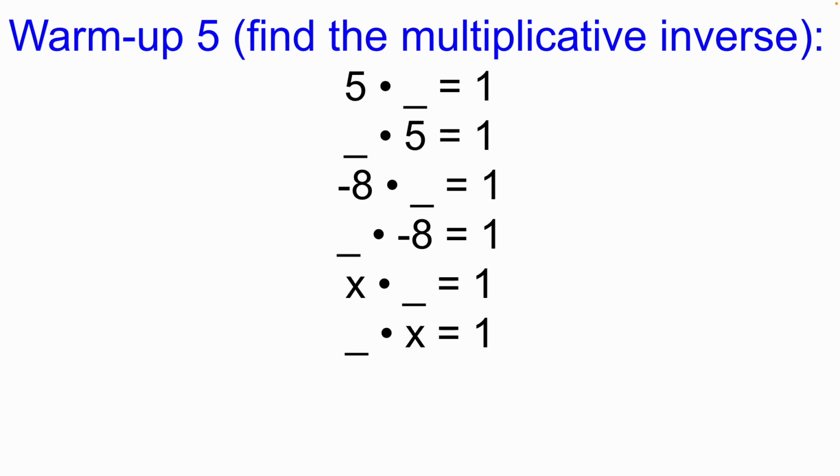Well, in this case, we're looking actually for fractions. So 5 times 1/5 is 1. 1/5 times 5 equals 1. -8 times -1/8 equals 1. -1/8 times -8 equals 1. x times 1, oh, that's a mistake.